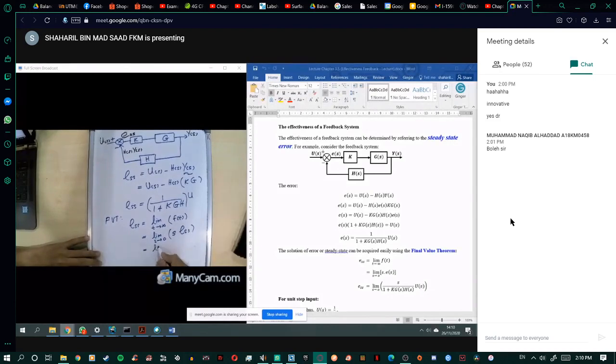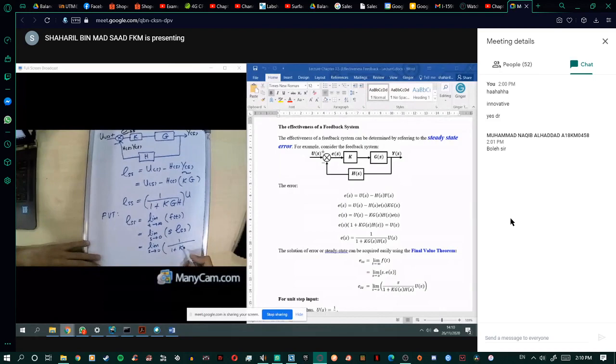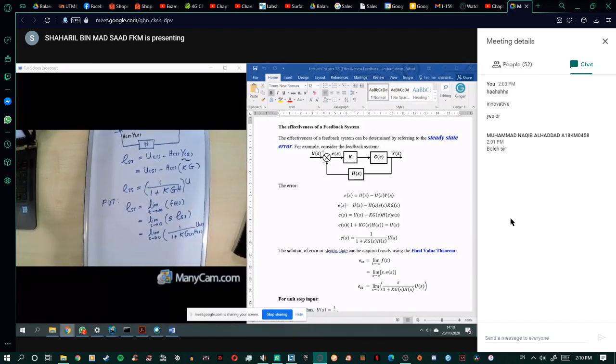Then you have the limit s going to 0 of s times 1 over 1 plus K G(s) H(s), and you now have U(s) here. Okay, so this is the steady state error.